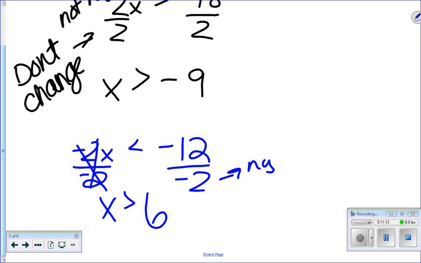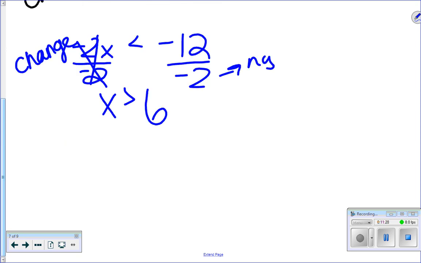All right, how are we doing so far? Okay. Let me do one more. This one you would change. I'm going to do one more. I'll do a dividing one. So if n divided by 3 is greater than negative 4.